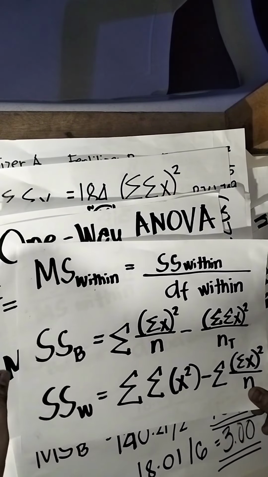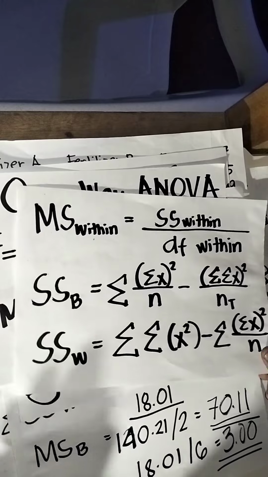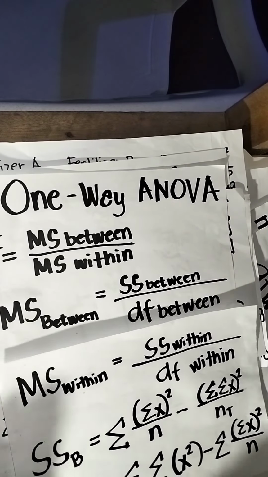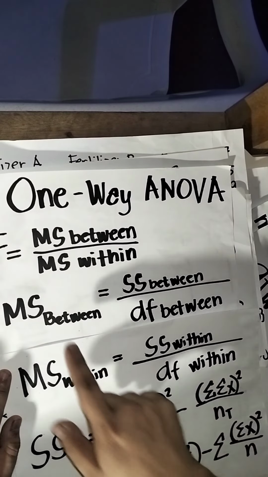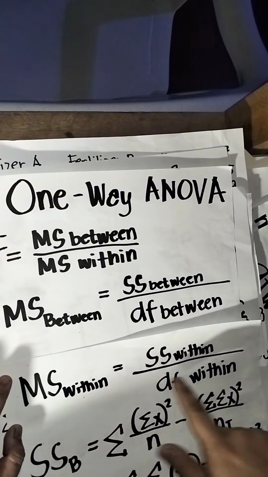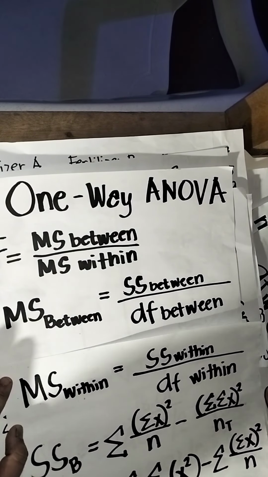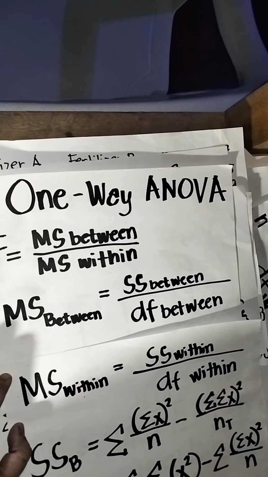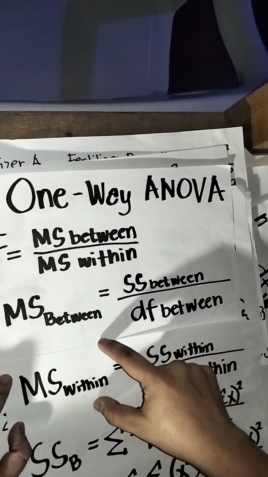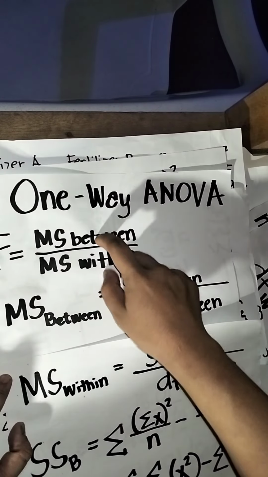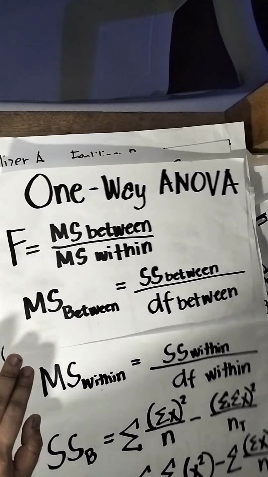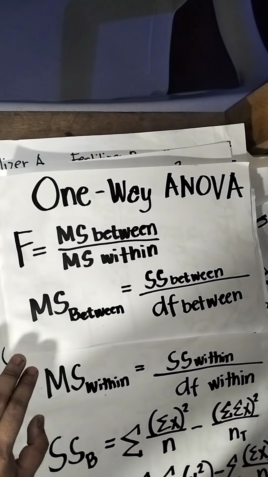SS within divided by the degree of freedom within. Why do we need to get the MS between and MS within? Because we will input them in our F to get the value of our F statistic.